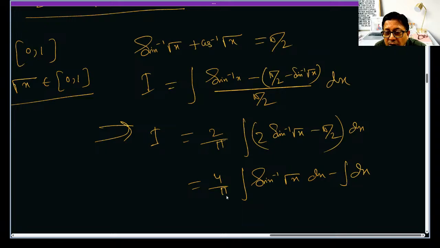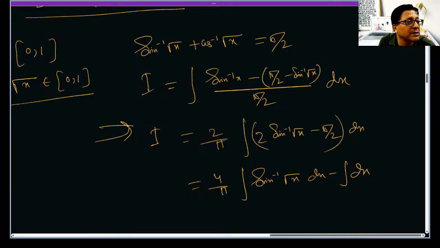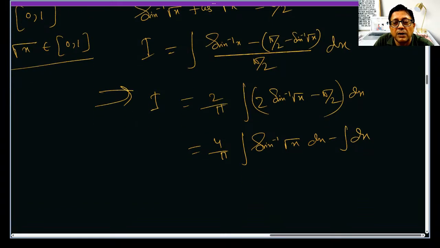Clear? How to tackle this sum? Because of sin inverse root x and the minus, minus plus. Now the second part is easy. This one, how to do it? You have to do it separately.